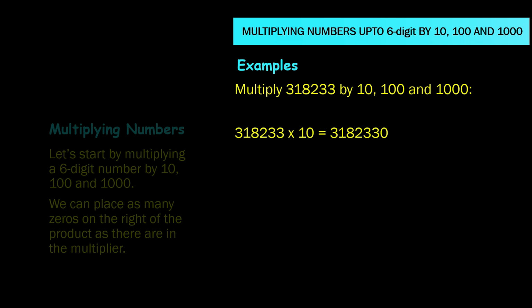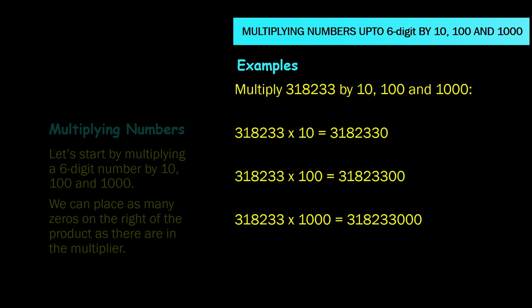So if we multiply 318,233 by 10, we get the same digits except with a 0 at the very end, as shown. Similarly, if we multiply 318,233 by 100, we get again the same digits except with 2 zeros at the very end.